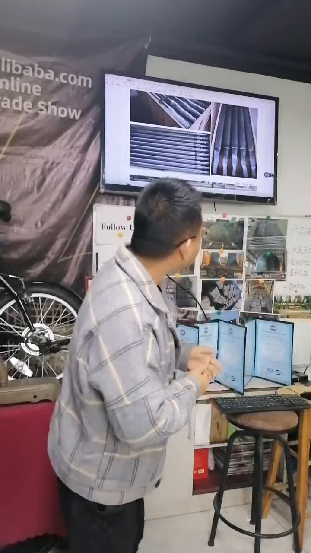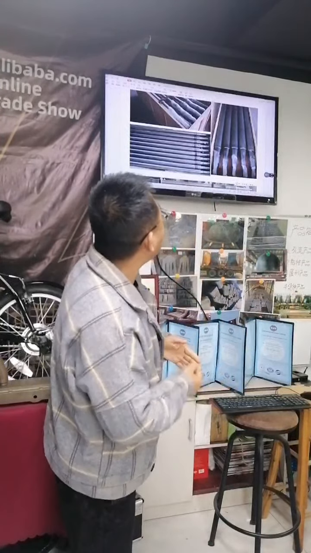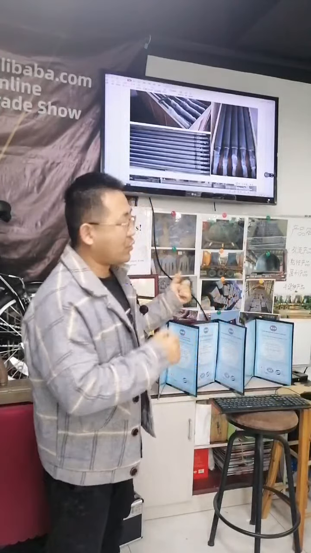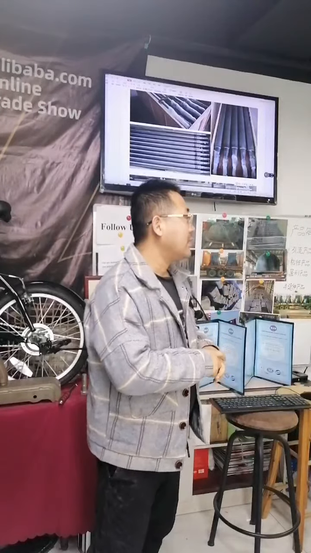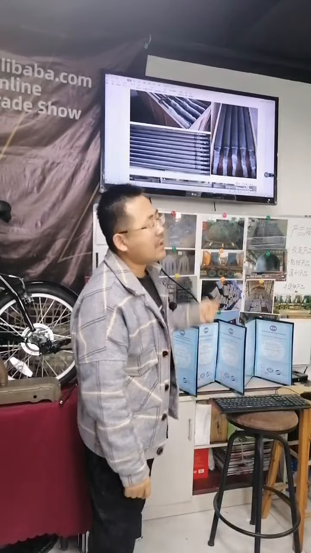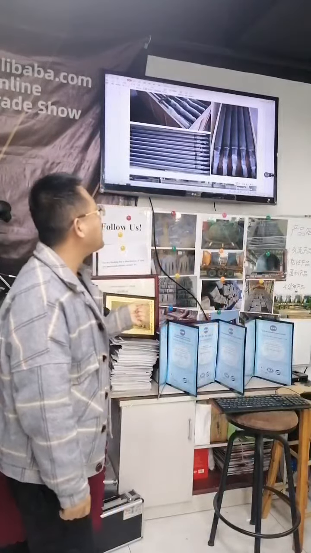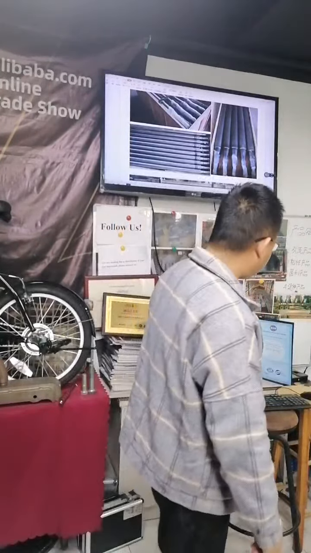And we do our machining, including the centrifugal casting parts, the tubes, and the forging process, and we also do reaming and turning. And another picture is our machining of our centrifugal casting process part.